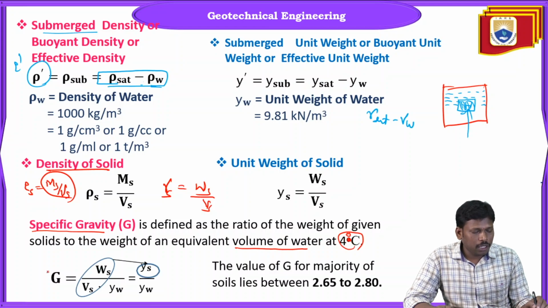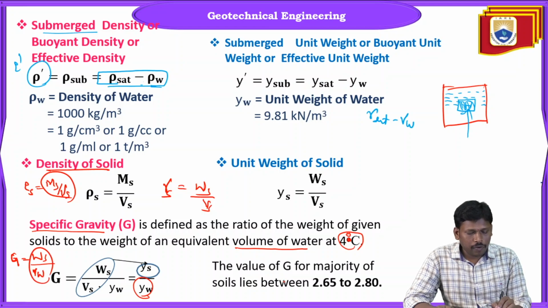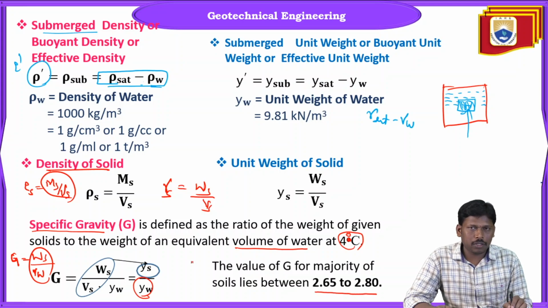So this G is equal to weight of solids by gamma W. Okay, so G varies from 2.65 to 2.80 for all types of soil, except some organic material. If any organic matter is present in the soil mass, then the G value is slightly reduced. So that also we will see.